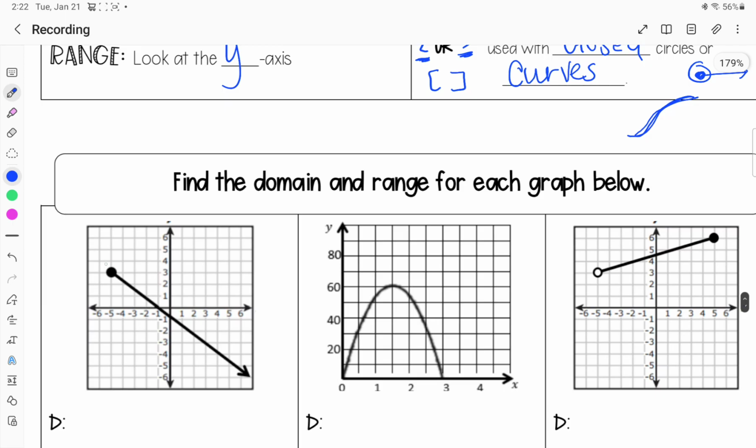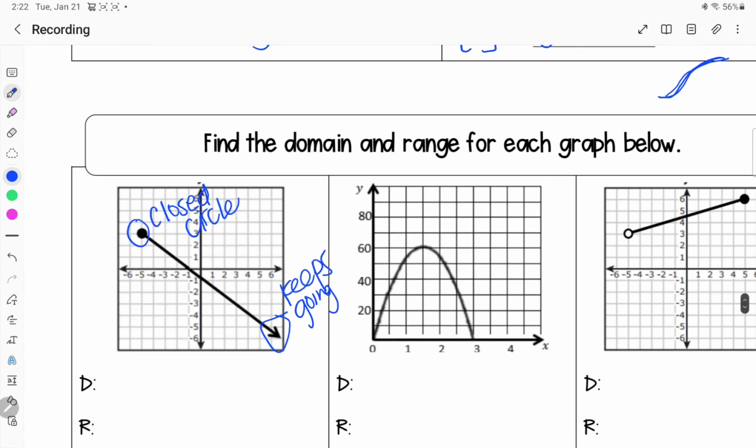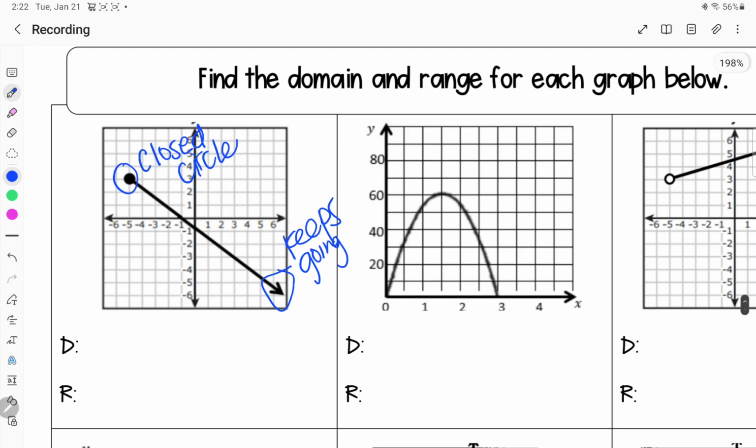So when you look at this, I have a closed circle, and this is never ending, keeps going forever. So when we look at this, I'm going to show you both ways. We could say that x needs to be greater than or equal to -5, because that's my x value right here. This x value, however, just keeps going.